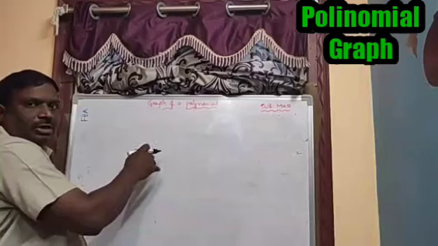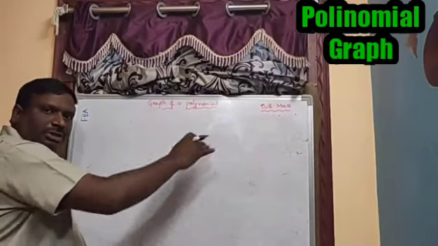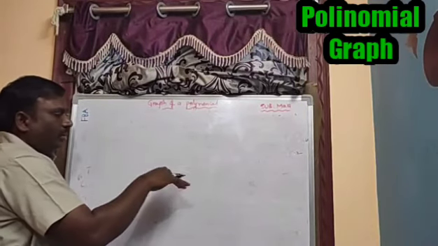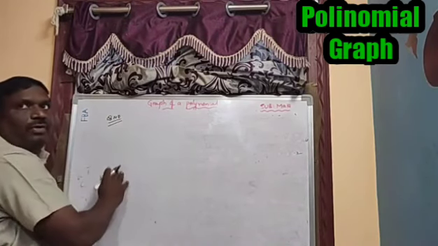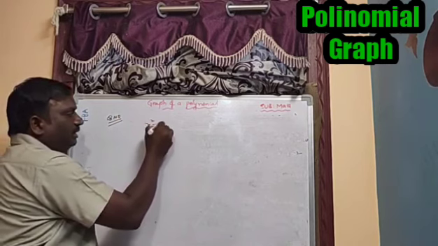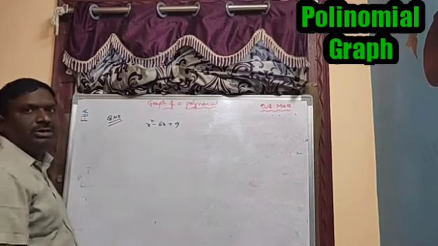For the second case, I will explain briefly. Almost the same model can be used for drawing the graph. In the second case, I am taking the example of x square minus 6x plus 9. This is a textbook example.